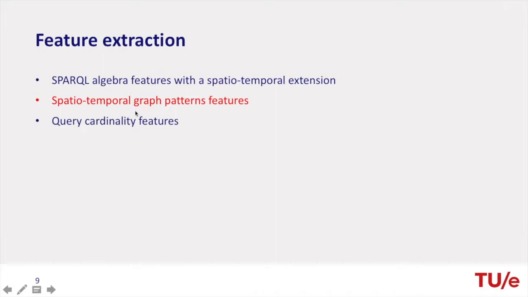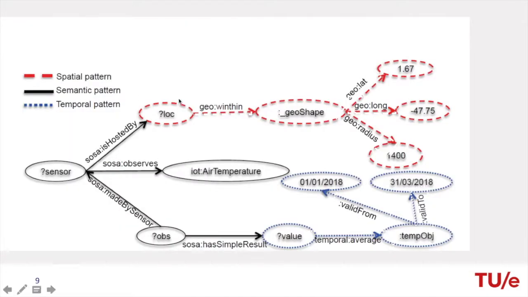This is called spatial temporal graph pattern features, in which we convert our query into a graph and compare two graphs, whether the two graphs are similar, by using a distance.